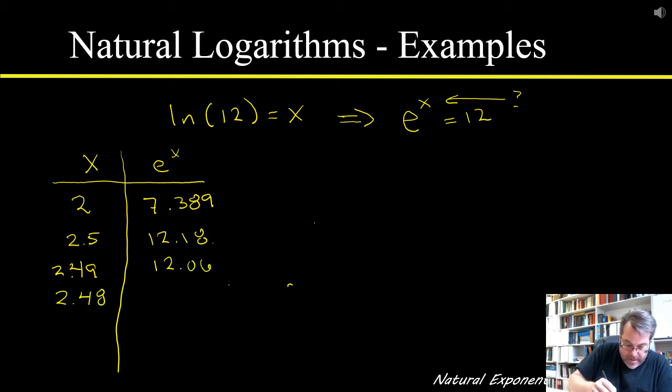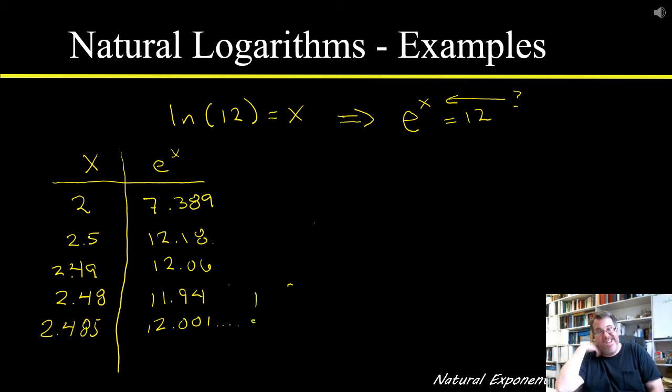Try 2.48. It's 11.94. Now we're too low. Try maybe 2.485. And that gives us 12.001. It's not exactly 12, but it's pretty close.